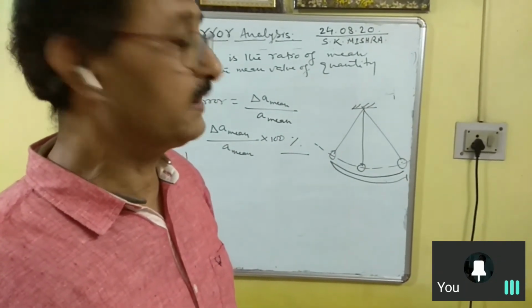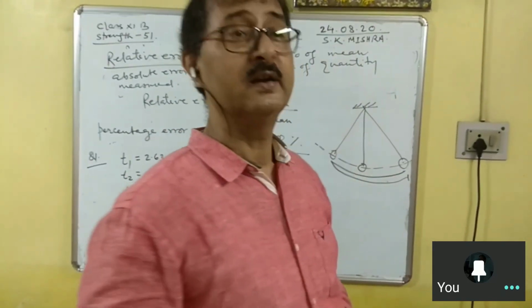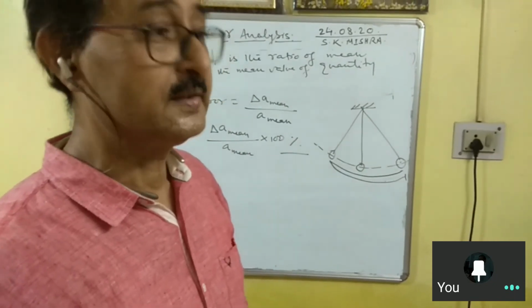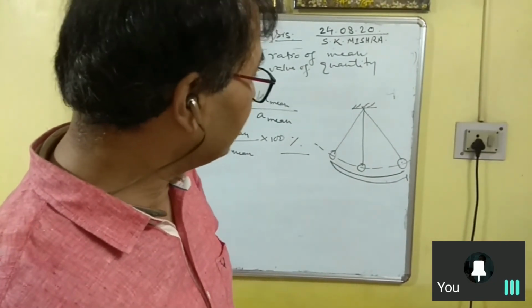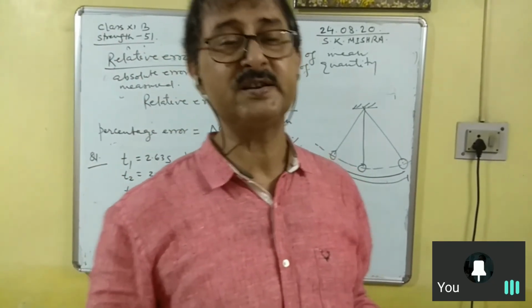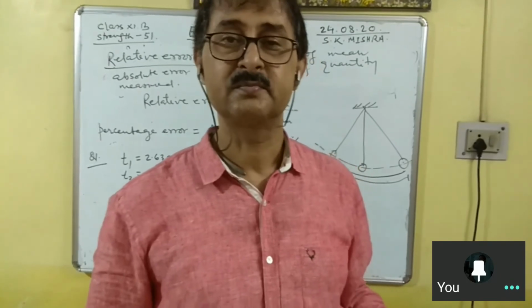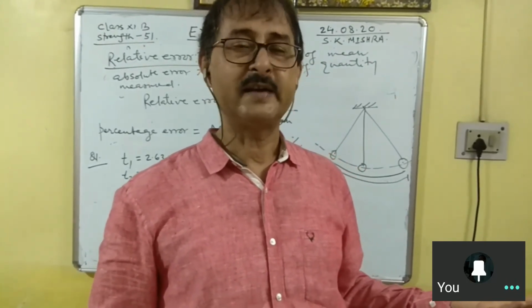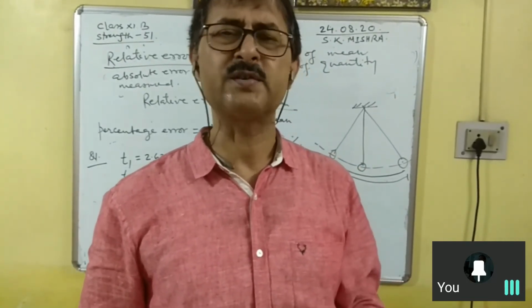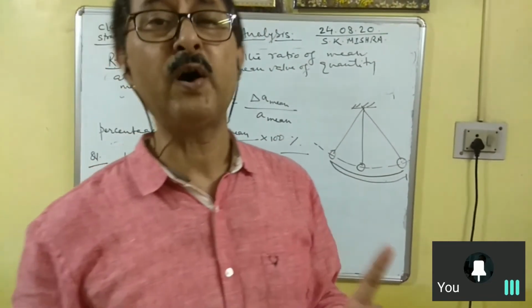And since it is very difficult to count the time of one oscillation, that's why it is advised that you should take 10 oscillations. What is the time for 10 oscillations? Then divide it by 10, you will get the time for one oscillation. So this way you can take the time of 10, 20, 50 oscillations and then divide it by the number of oscillations. This will give you the time for one oscillation.